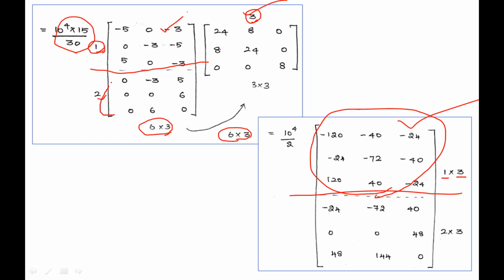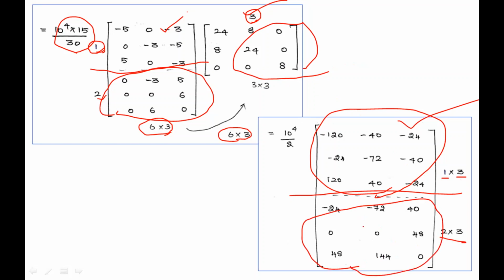Similarly, when you multiply this 2 matrix and again this 3 matrix, we will get this bottom portion of this 6 by 3 matrix. So we have to do 2 times in the calculator. Let us say this is the matrix 1 multiplied with the matrix 3, we will get this matrix 1 by 3.